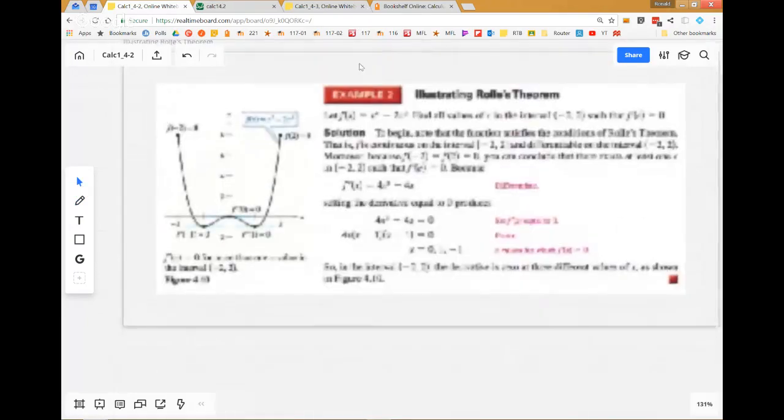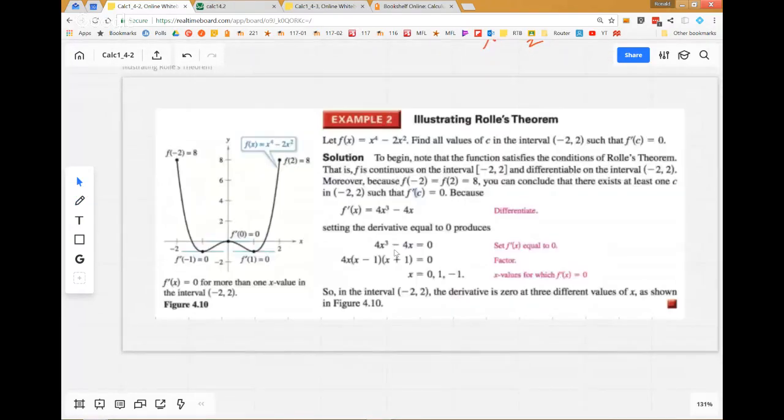We got another one here. Here we have a little more complicated function. You can see it's a 4th power function: x to the 4th minus 2x squared. Find all values of c in the interval from -2 to 2 such that the derivative is 0.